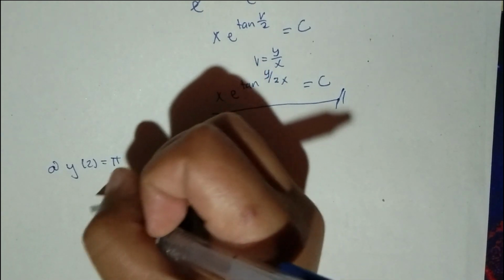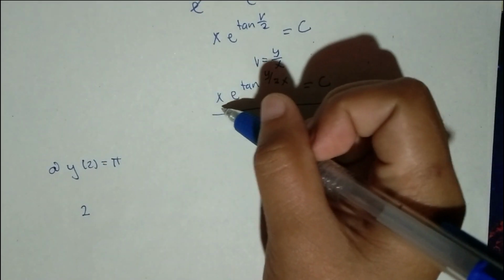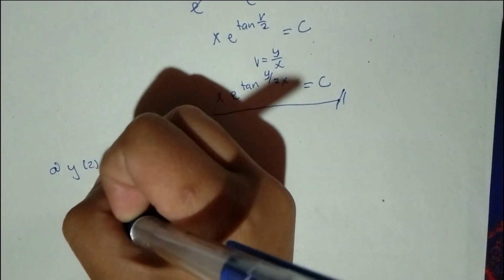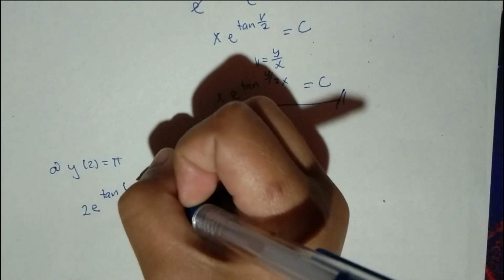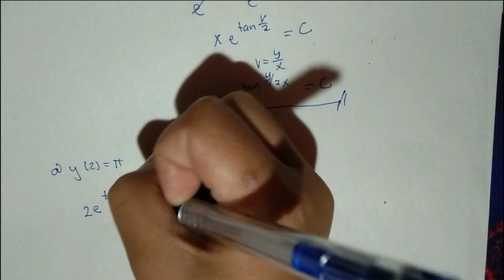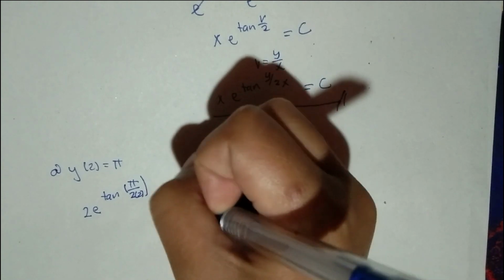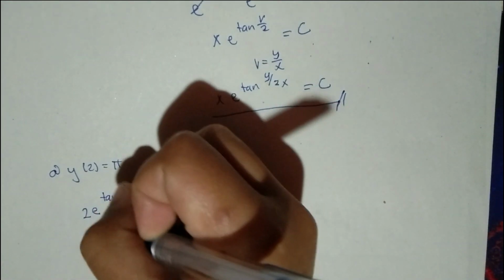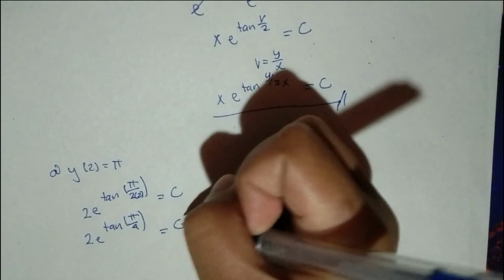We will have 2, our x is 2, so that will be 2e raised to tan. Our y is pi, so that will be pi over 2 times 2, since our x is 2, is equal to c. So this will be e raised to tan pi over 4 = c.